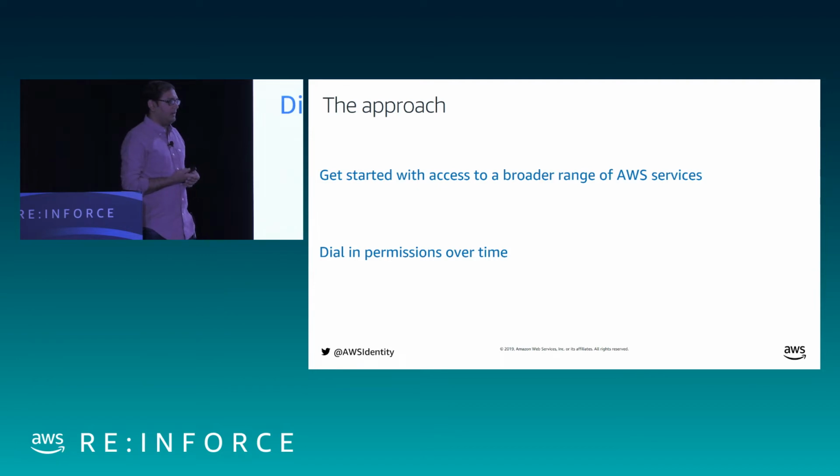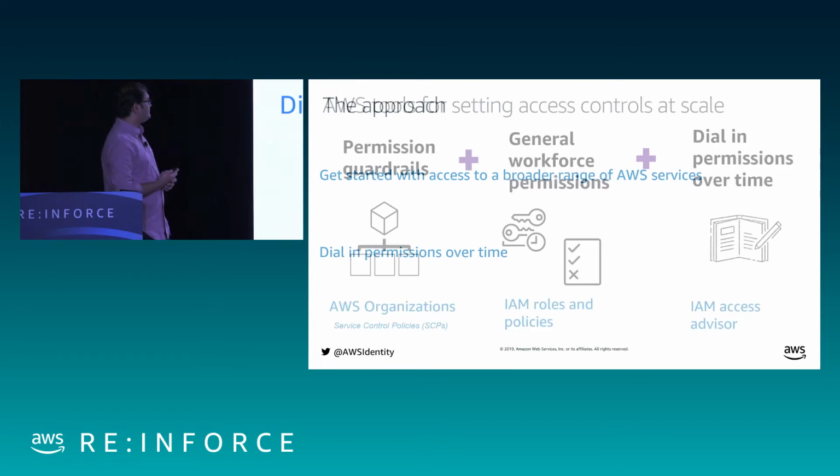So being least privileged at day one is very hard. So what you can do is create your permission guardrails based on your business requirements, and then dial them in over time using tools such as Access Advisor that I'm going to talk about.